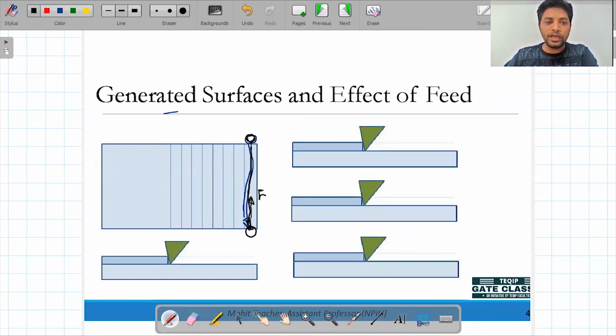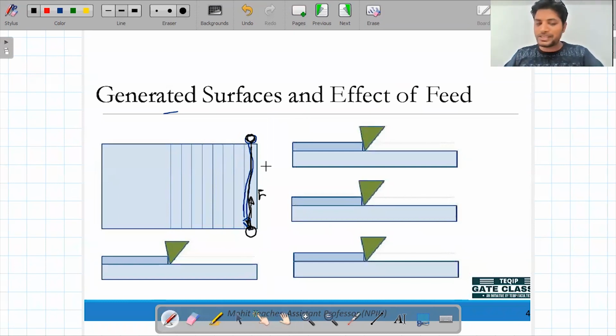Now the important part: we cannot give the feed toward this side, so you have to push the workpiece toward this side. Again it is forward, then backward, then again you give the feed. This is basically the feed in the shaper machine.